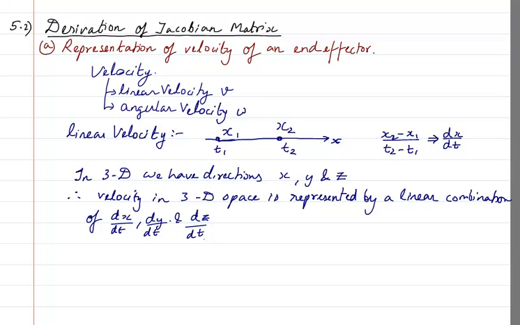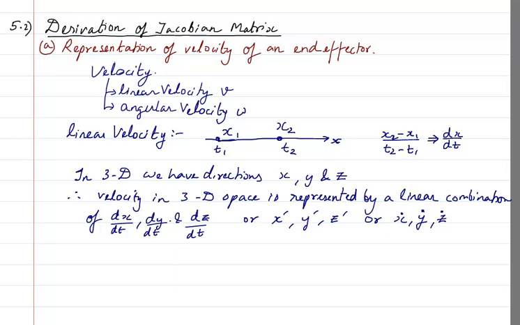So this is the velocity, and sometimes it is also represented in certain textbooks as x dash, y dash, z dash, or even as x dot, y dot, z dot. We will mostly try to follow this dot convention, x dot, y dot, z dot. That is what most of the textbooks are using, so we will also use that notation. So this is the linear velocity.